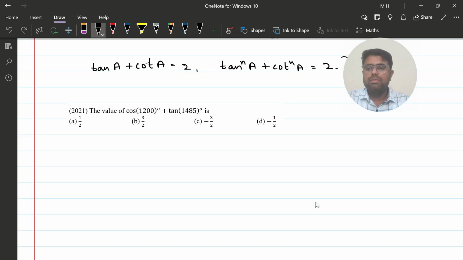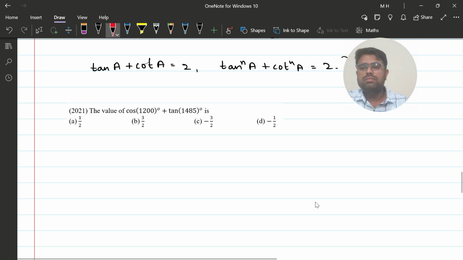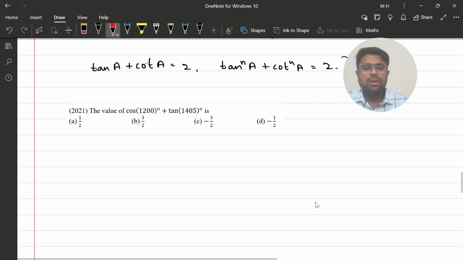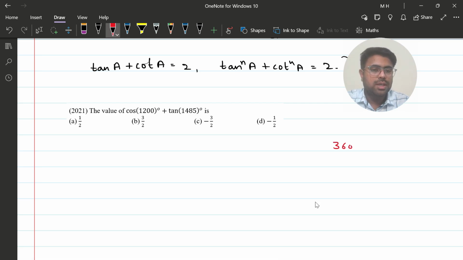Next up, we have this question, which was asked in 2021. They are asking the value of cos 1200 and then tan something. See, if you get these larger angles as a whole, I suggest that you find out the nearest multiple of 360.